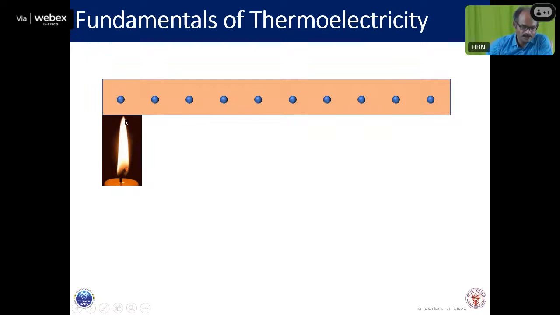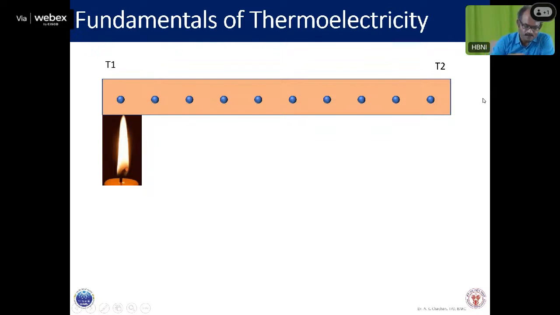Because we will heat it, the temperature of this side will start rising, and after a certain time a temperature gradient will be established. So this end will be at a particular temperature and another end will be at a lower temperature. So there will be a temperature difference T1, T2 and a gradient. What will be the gradient? Gradient is T1 minus T2 divided by the length of this metal.